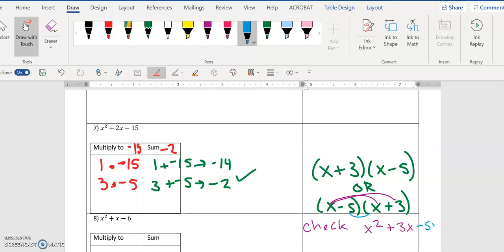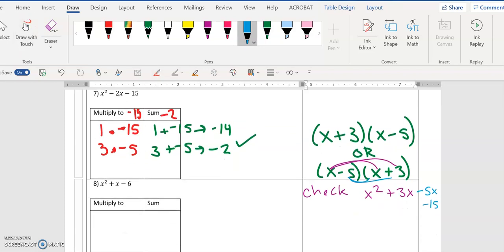Negative 5 times x, I get a minus 5x, and negative 5 times 3, I get a minus 15. Now if I was to rewrite that check in standard form, I'd have x squared, 3 minus 5 in the middle, combining like terms would be minus 2x minus 15.